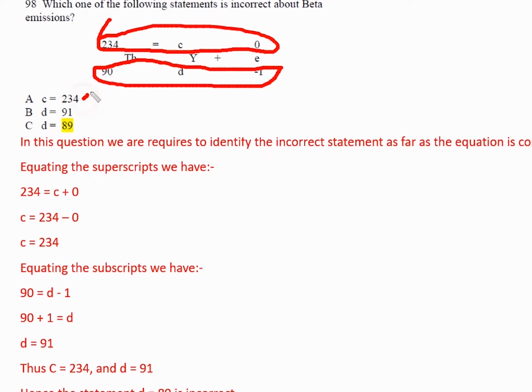So C is 234. So this one is correct. When we equate the subscripts, we have 90 is equal to D minus 1. So 90 is D plus 1, which is 91. So D is equal to 91. This one is also correct. So the statement D is 89 is incorrect.